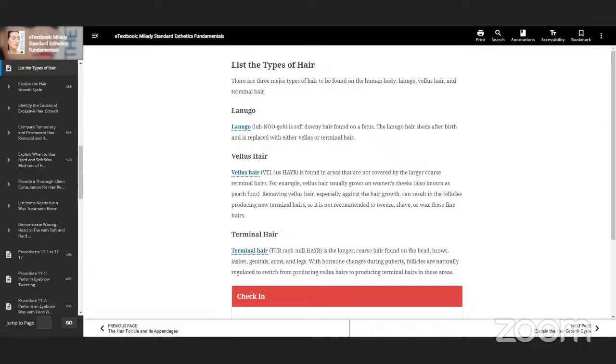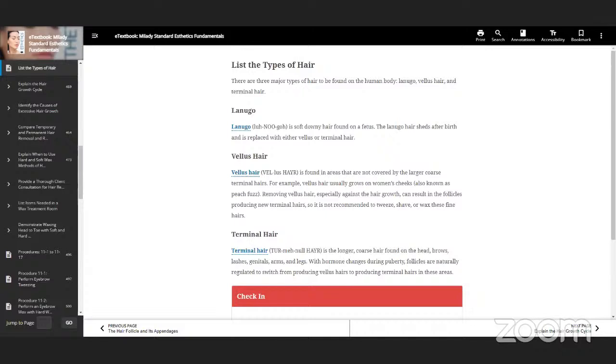So vellus hair, and we're going to always understand our terms, is found in areas that are not covered by a larger, coarse terminal hair. So we talked about the areas where terminal hair was. Okay, so think about the areas where you don't have pigmented long strands. You would probably have vellus hair.